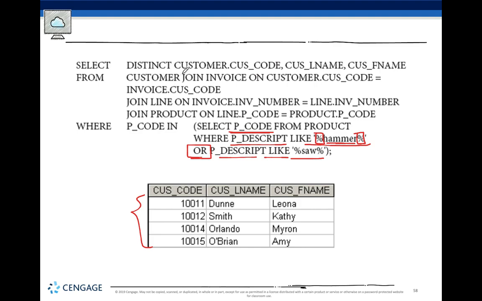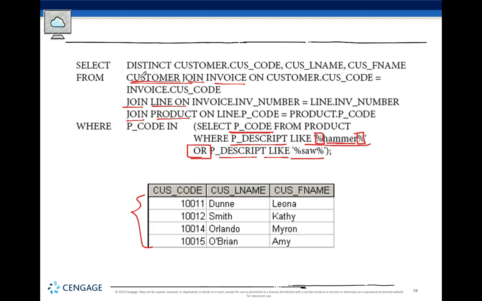We have the customer join invoice, join line, join product. Okay, so we are actually joining four tables, not three, because we ultimately want to get to the customers. We start off with the product descriptions, and then we want to get the customers.